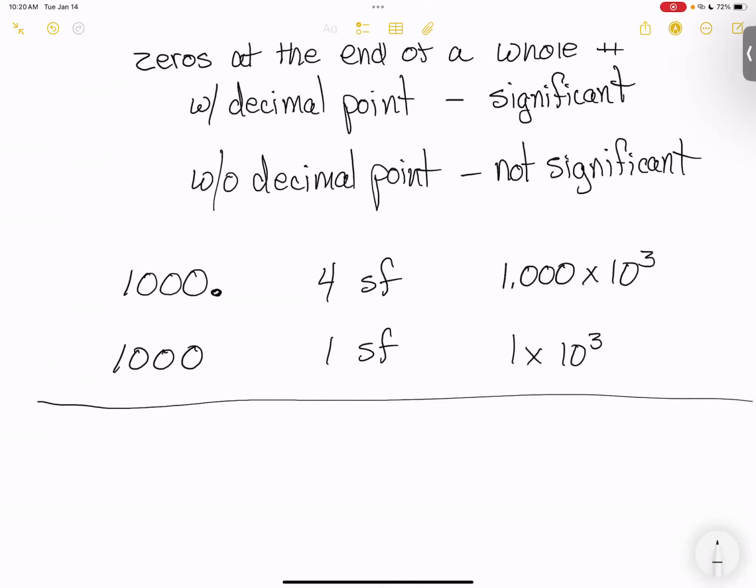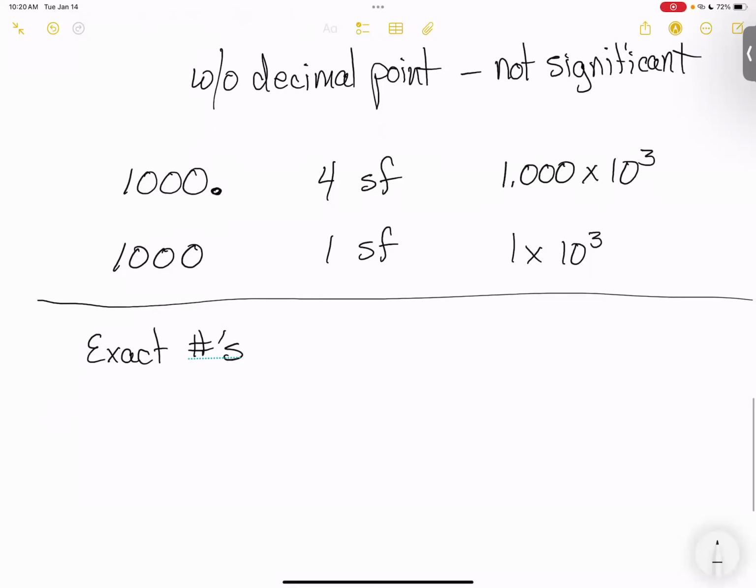The last thing related to counting significant digits is exact numbers. Exact numbers have an unlimited number of significant digits.